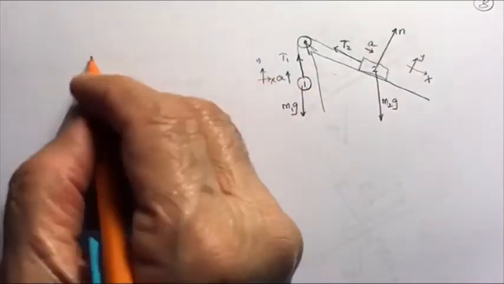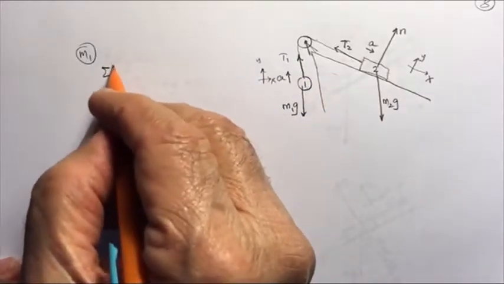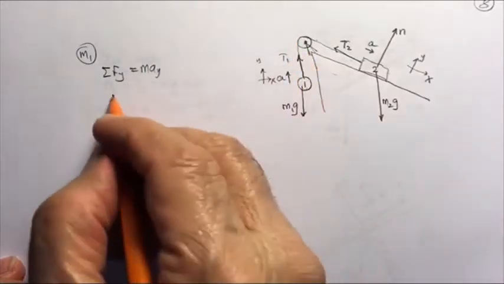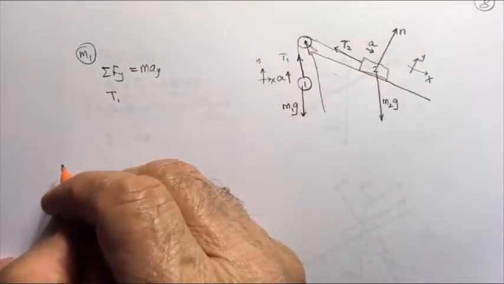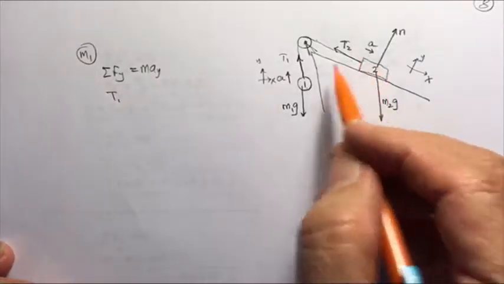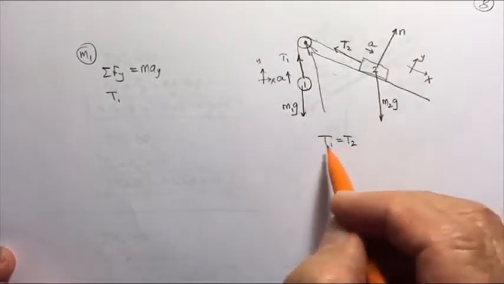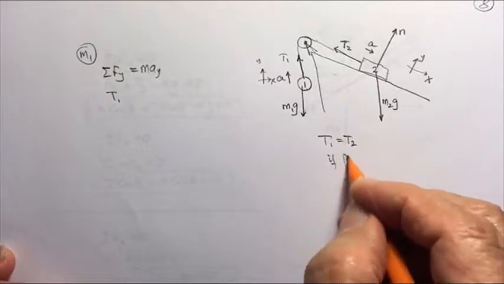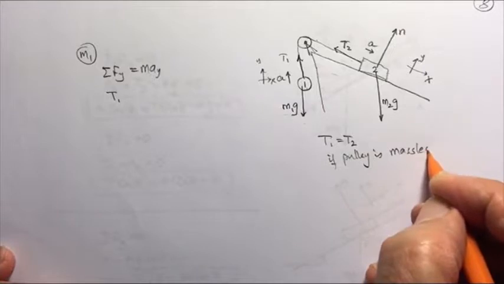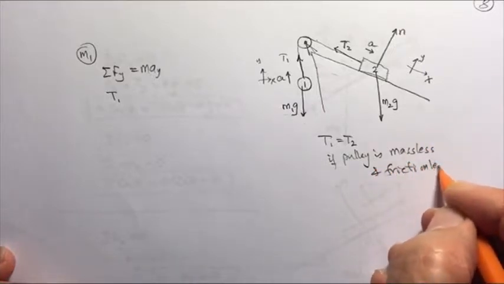So now for m1, there is no x, only the y forces. So we write the sum of forces in the y direction equals may. We have a T1 going upwards. Well, before we do that, let me make a statement that T1 equals T2. And this will be true if the pulley is massless and frictionless.